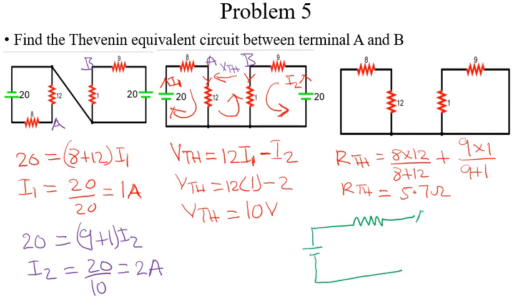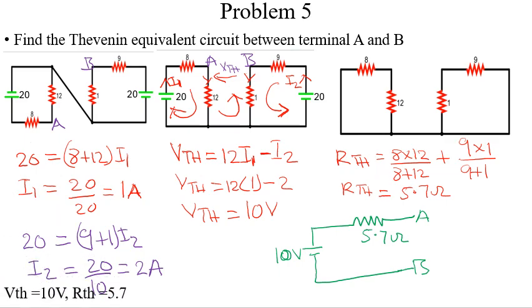This is terminal A, this is terminal B. Here is 5.7 ohms and here is 10 volts. So basically we are done with this circuit. Let us take the next, our last problem for this video series, and we are good to go.